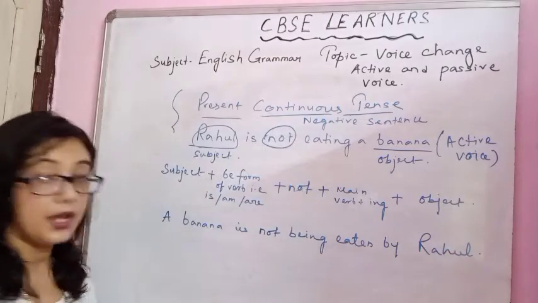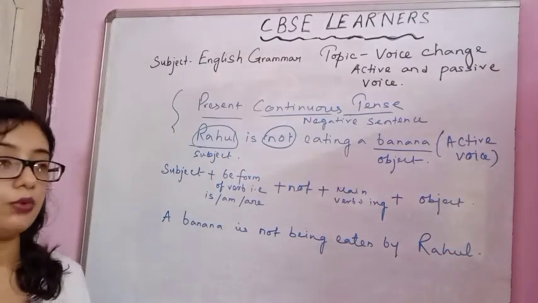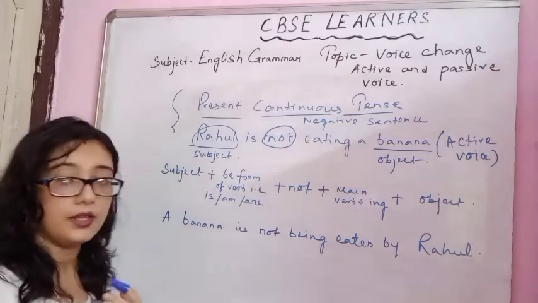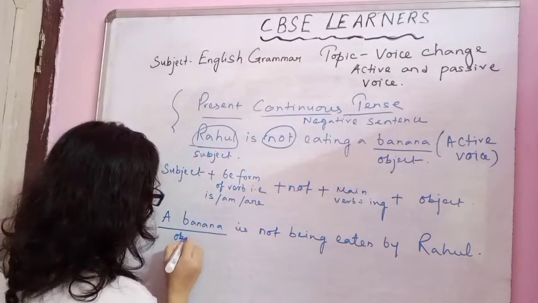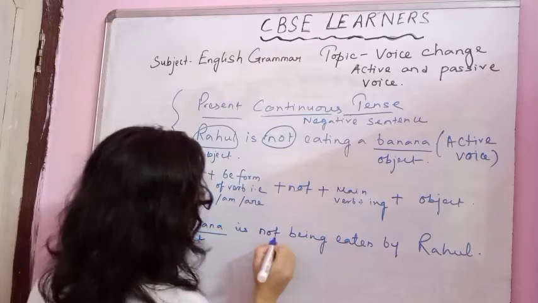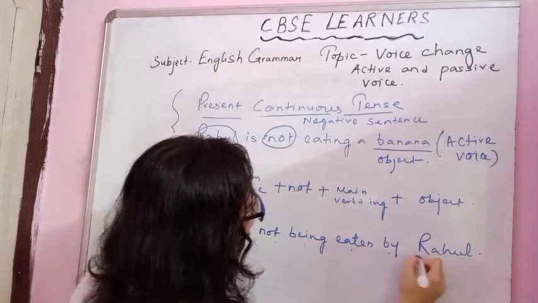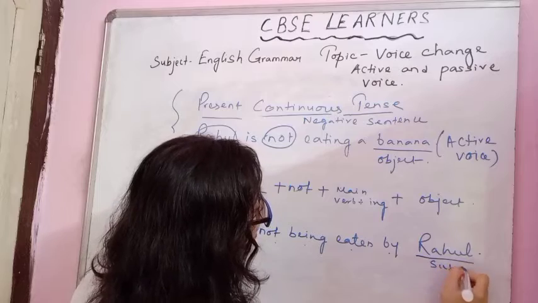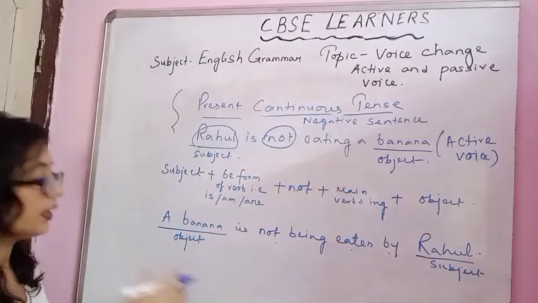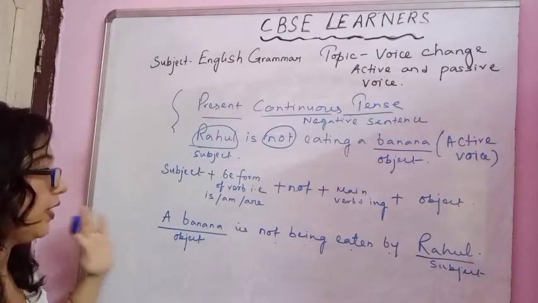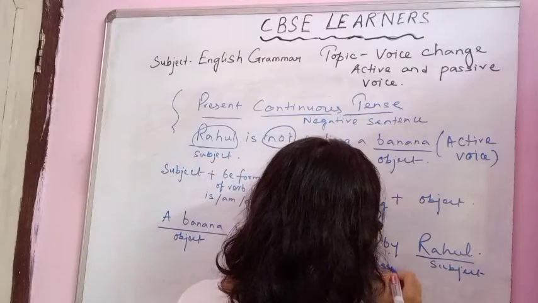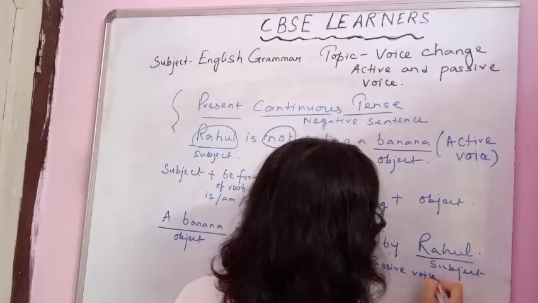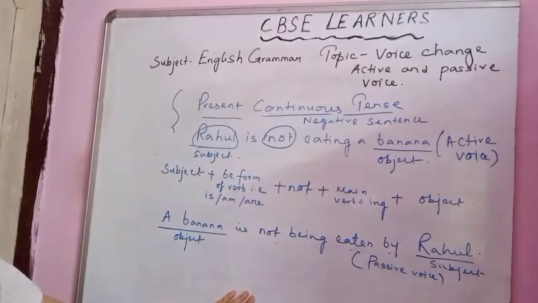Okay, a banana is not being eaten by Rahul. So Rahul has not taken the banana. Here the focus is on the object. A banana is not being eaten by Rahul, who is the subject. Since the focus is on the object, we can call this sentence passive voice.